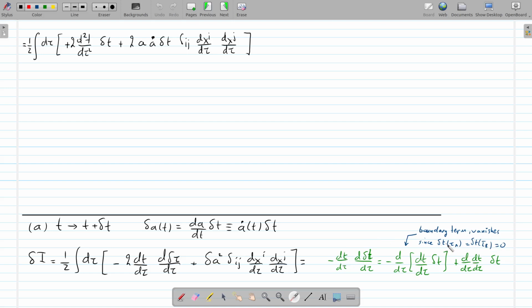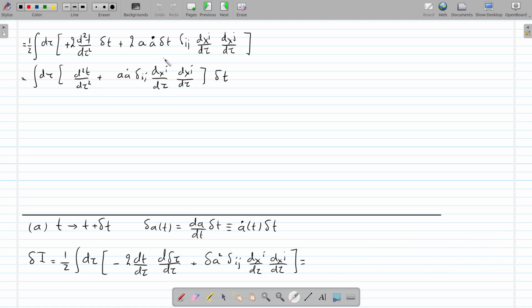Assuming that the variations of t vanish at the ends of the curves, this term vanishes, and we end up only with this term in the integral. So delta t can now be taken as a common factor, and this is the integrand here. If the variation is 0 for any delta t along that curve, that makes the integrand vanish.